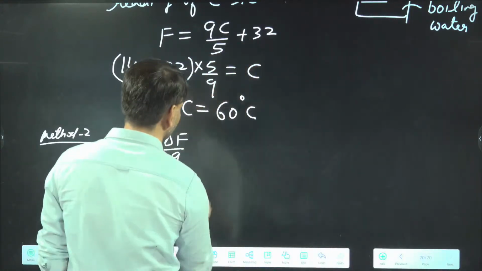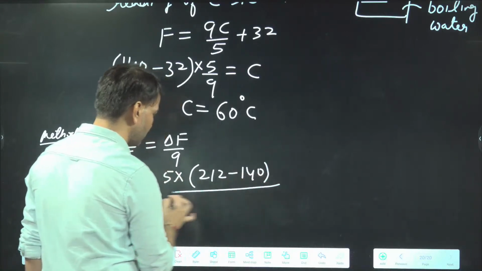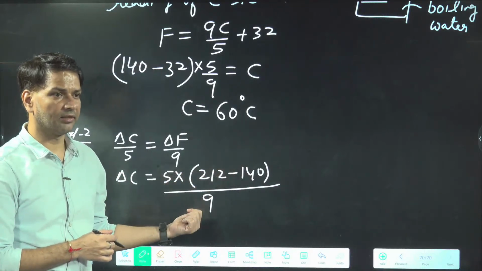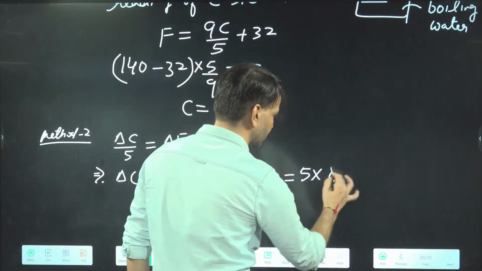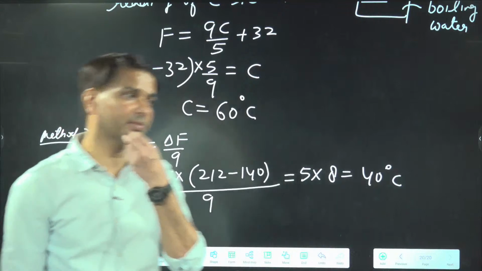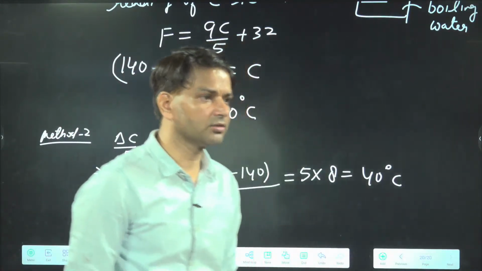So delta C is 5 times 72 upon 9. 9 8s are 72, so you get 5 into 8, that is equal to 40 degree C. So in the Celsius scale, how much temperature fall? Directly you got delta C is equal to 40 degree C. Understood?